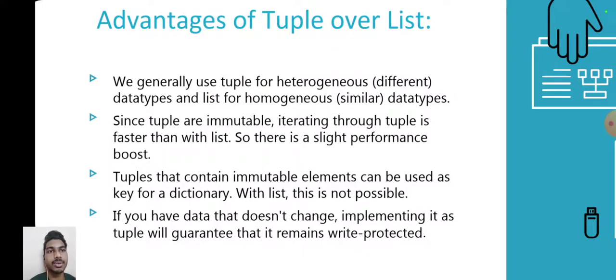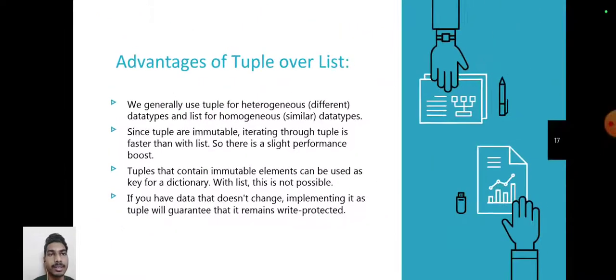So there is a slight performance boost. Tuples that contain immutable elements can be used as a key for a dictionary. With the list, that is not possible. If we have data that doesn't change, implementing it as a tuple will guarantee that it remains write-protected.